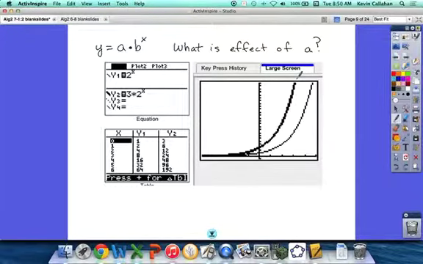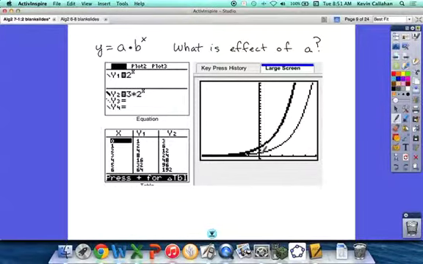Now, look in particular at the table of values here. When x equals 0 for 2 to the x, you plug in x equals 0, you get 2 to the 0 is 1. But now, for 3 times 2 to the x, 3 times 1 is 3. So whatever number is in front, that's the y-intercept. Because when you substitute x equals 0, anything to the 0 power is 1, and that constant a is the y-intercept.